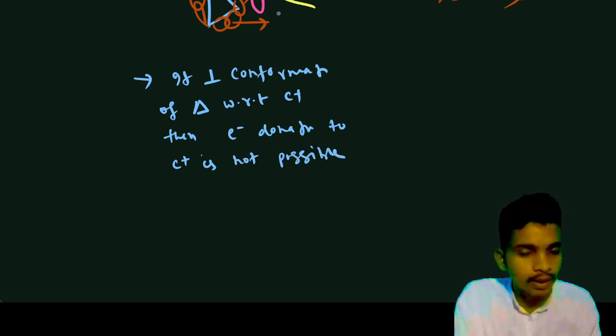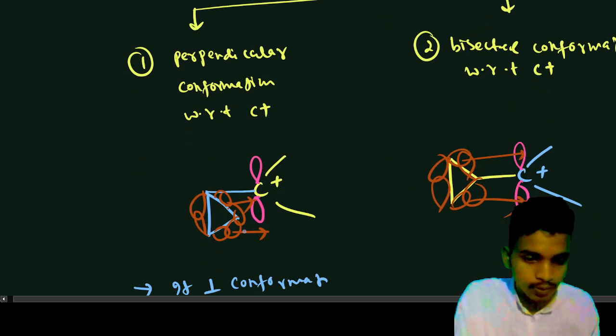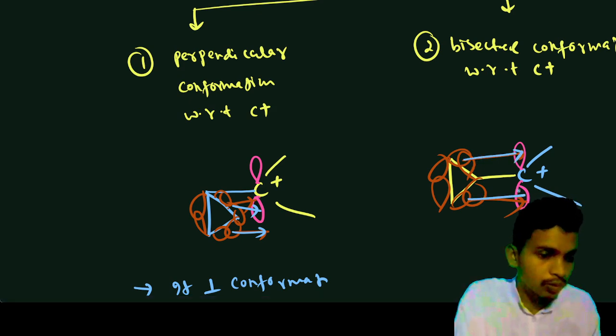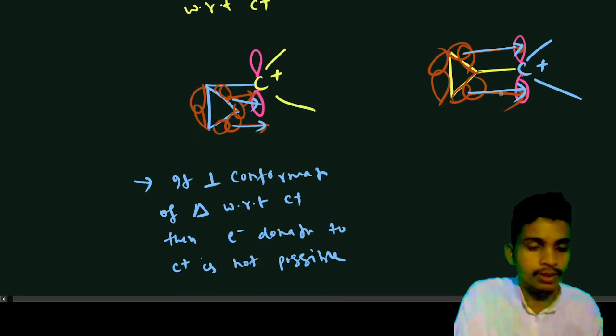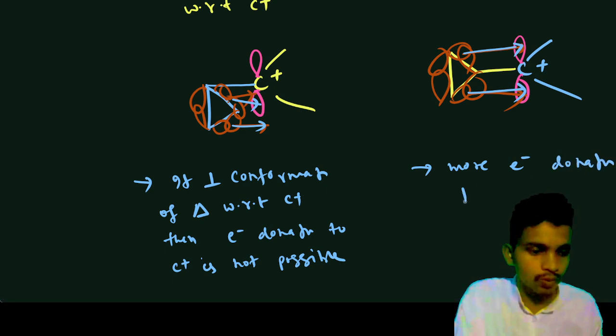The reason is that the orientation is not matching. The electrons are going in this direction, but in the bisected case it is able to donate more electrons to this carbon. Here more electron donation to the carbocation is possible.